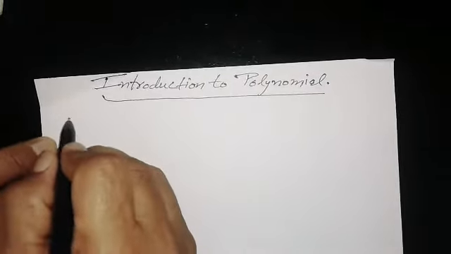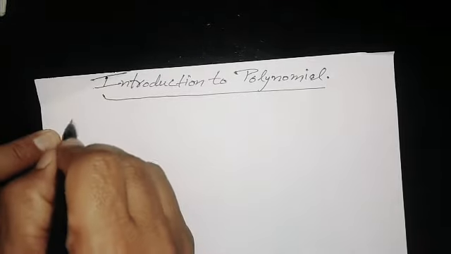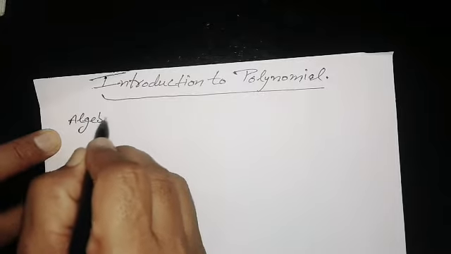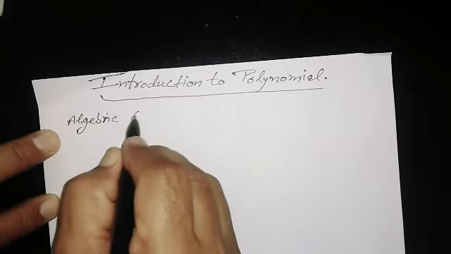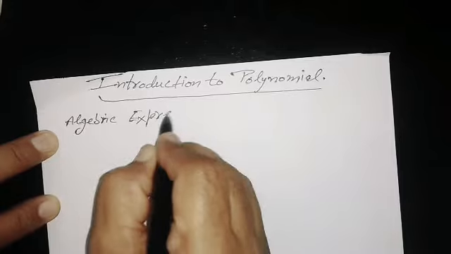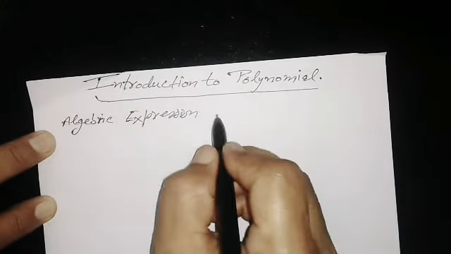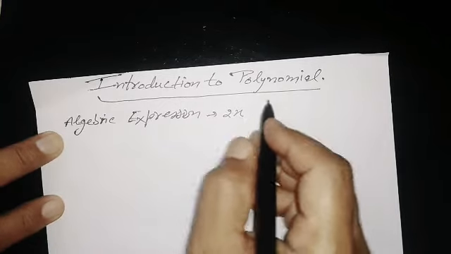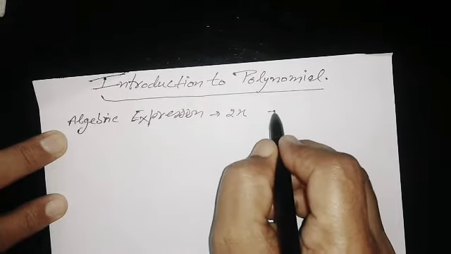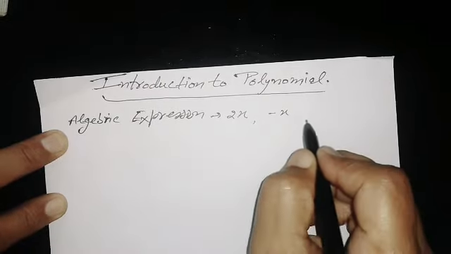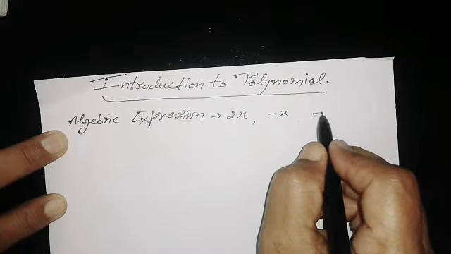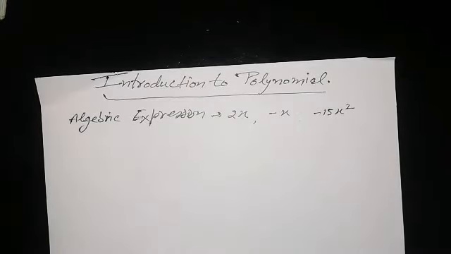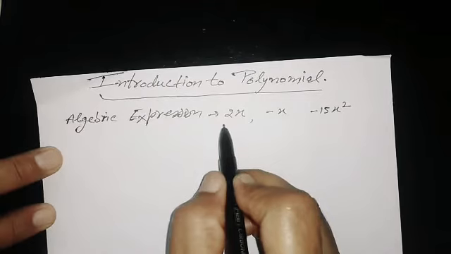As you know, this type of algebraic expression, 2x minus x minus 15x square, so you can take it like that.